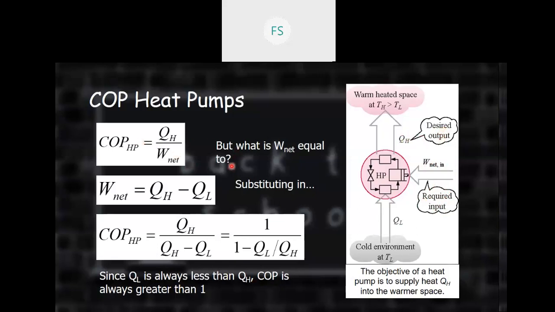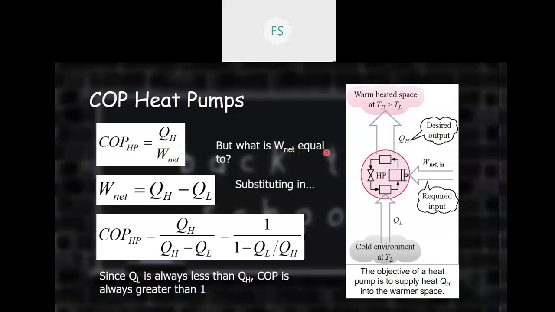Back to the concept of COP, the COP of the heat pump is the ratio between the desired output and the required input. Now the desired output of the heat pump is QH, and the required input is still W net in, same as the refrigerator.